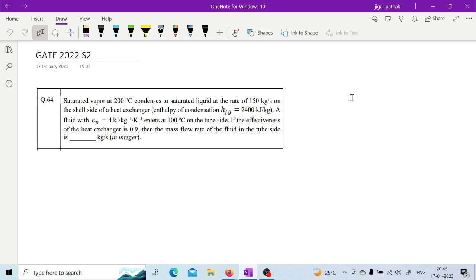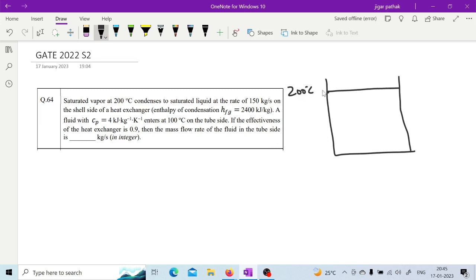Here you are having condensation, right?